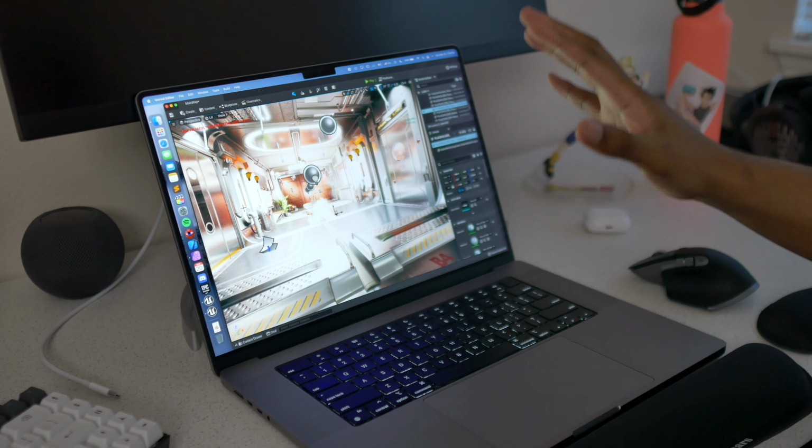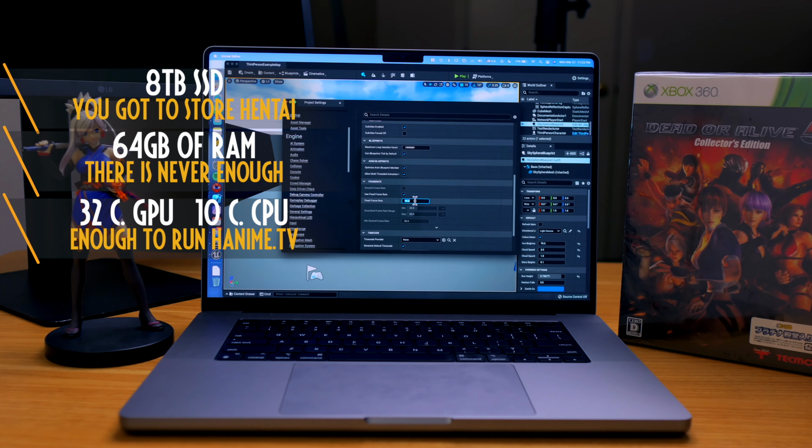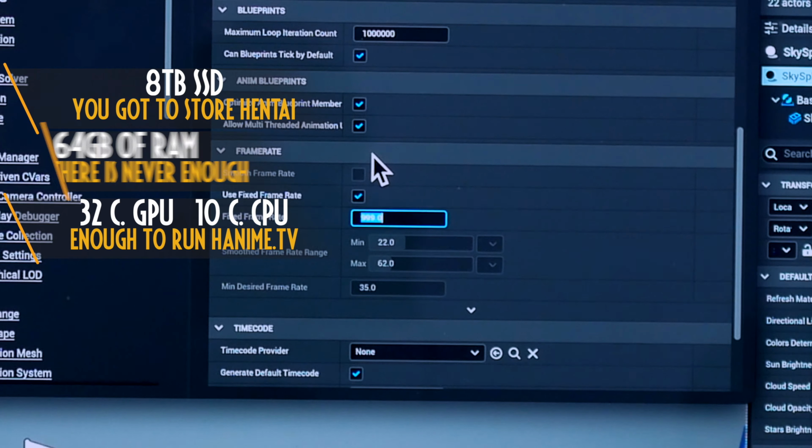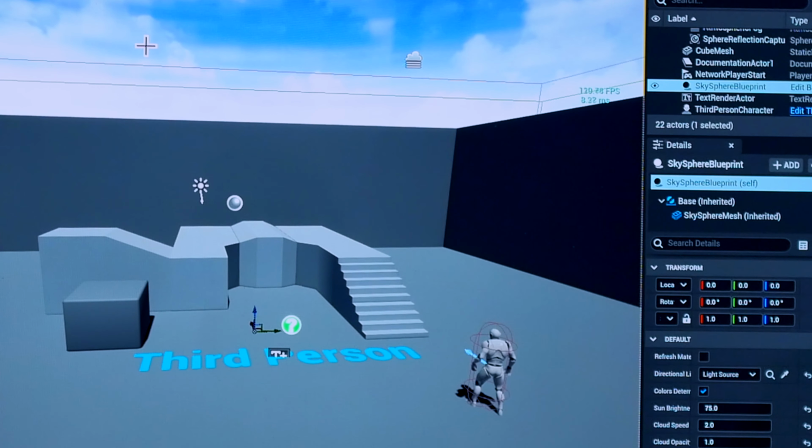That's simply what I did. I went to the general settings and changed the fixed frame rate from 30 to 999, which means it can go to the maximum that it can. And then I did the testing, and holy moly cow. The first test was the third person project, and the average I was getting was 120 frames.